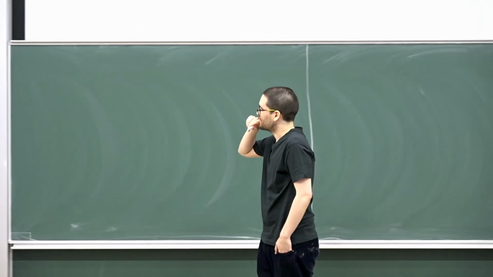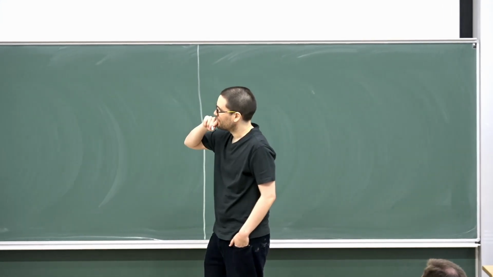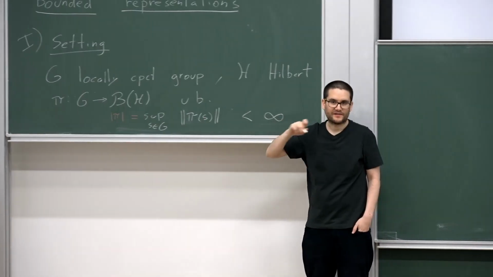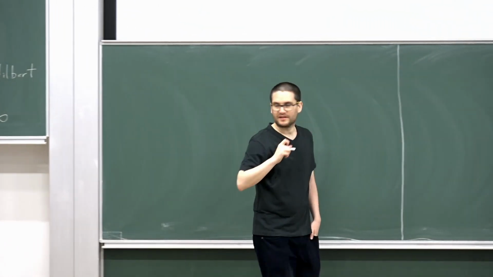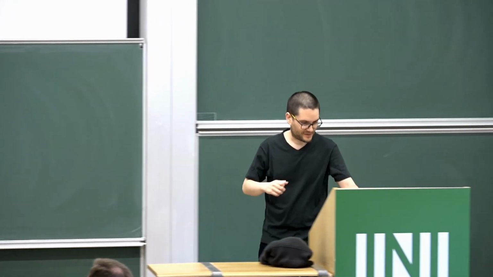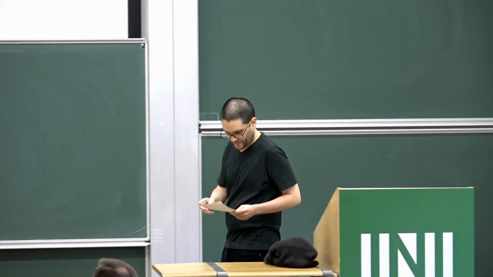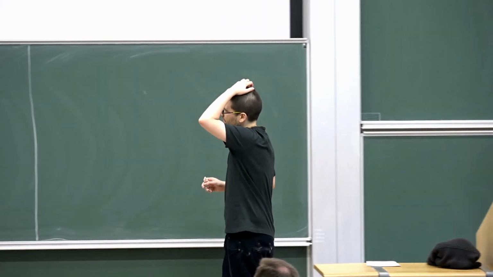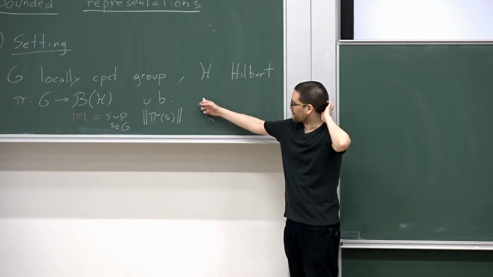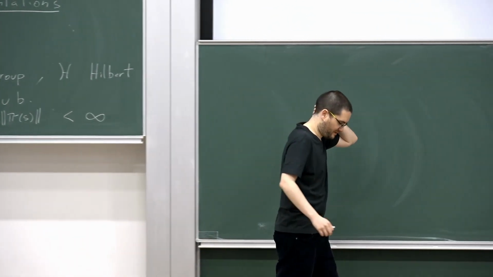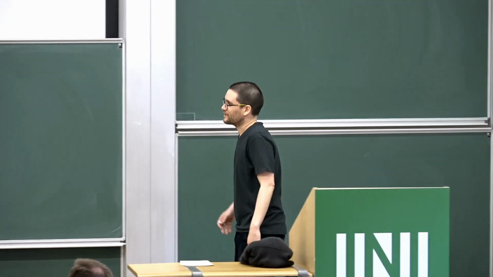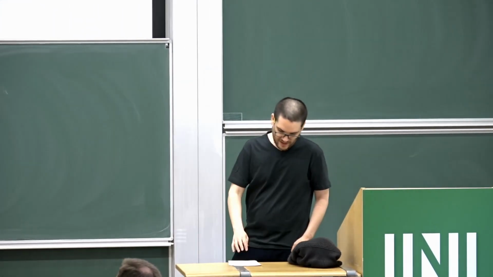This is the class of representations that I'm going to be looking at, and of course this number is 1 if and only if the representation is unitary. You can already guess what follows. I'm only going to be interested in representations that are continuous for the strong operator topology. I'm not going to write it, but I'm only looking at those. When the group is locally compact; if it's discrete, it doesn't matter.